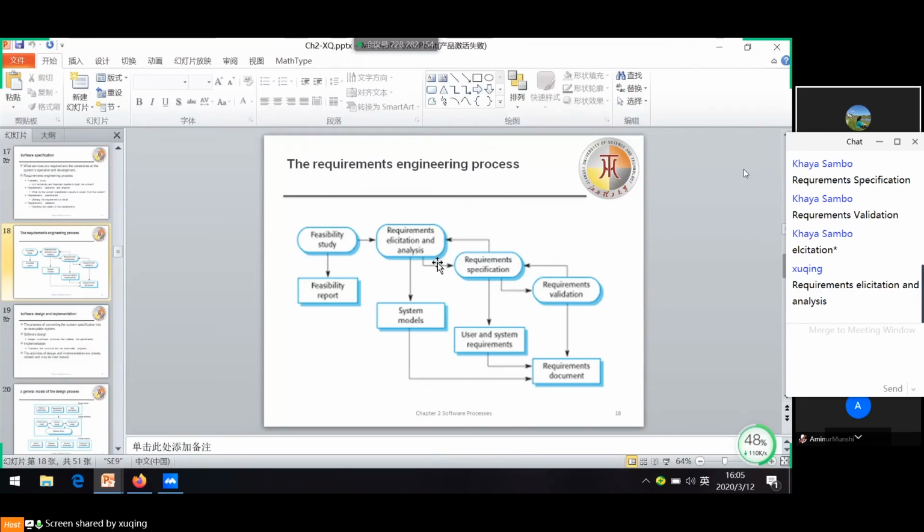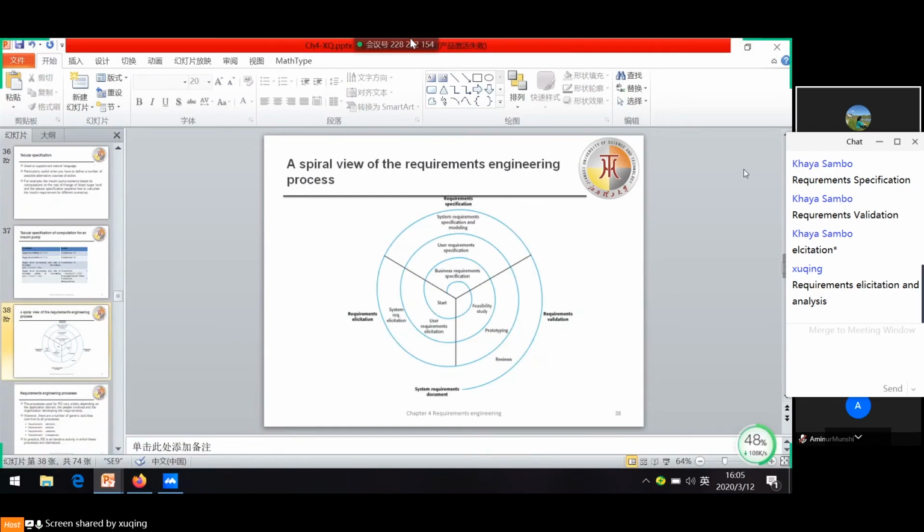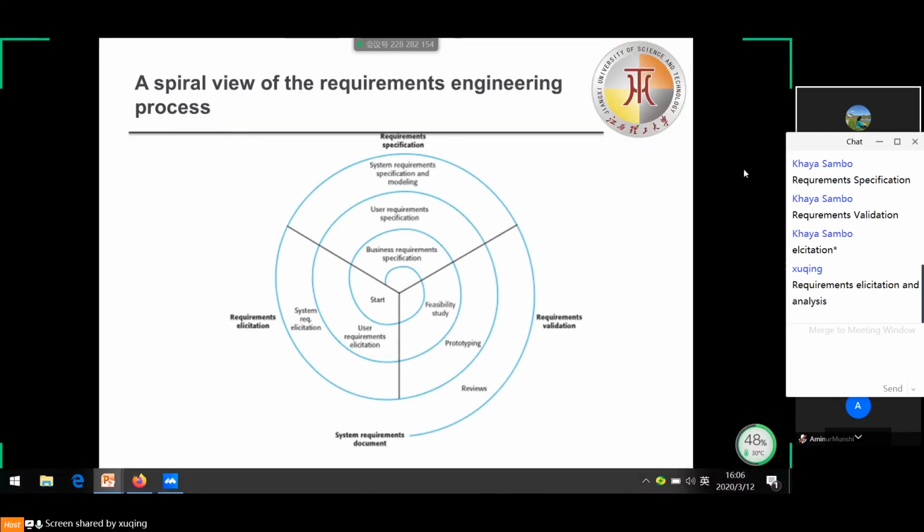That means the activities are interleaved. It is an iterative process in which the activities are interleaved. This is a small review of what we learned in the second chapter, relating to our new knowledge. Here we'll continue in this chapter.